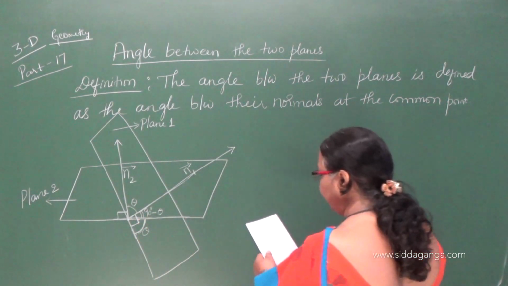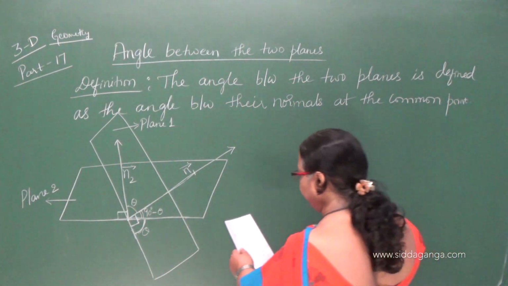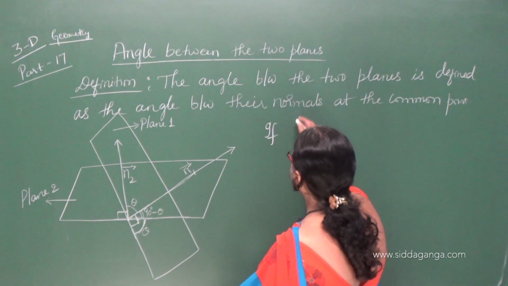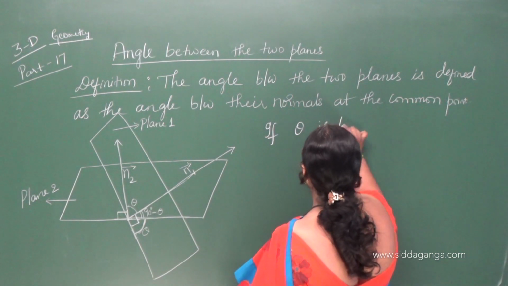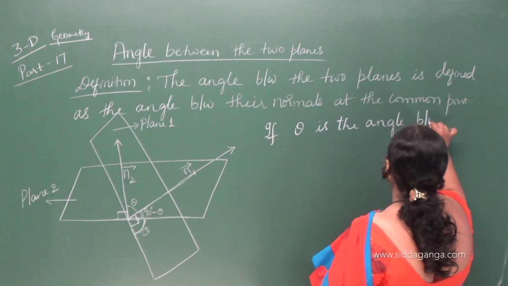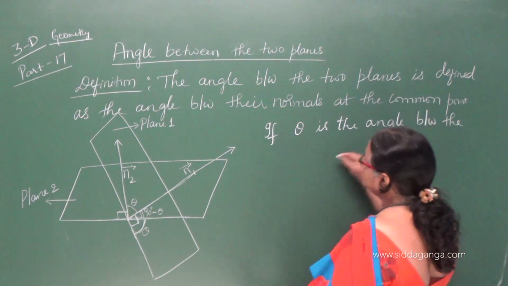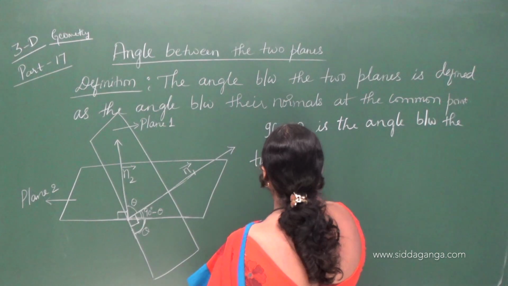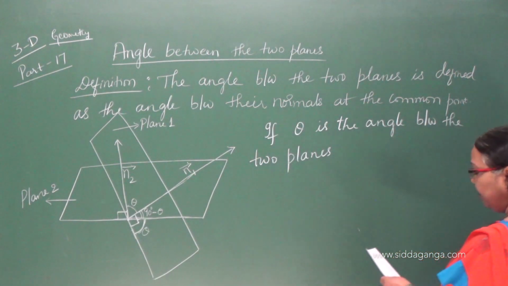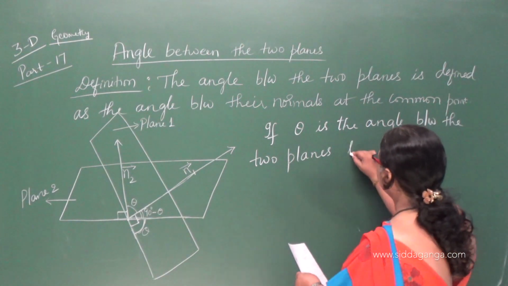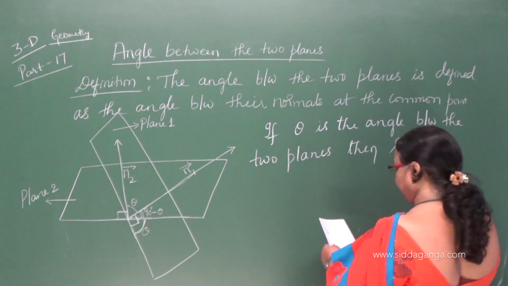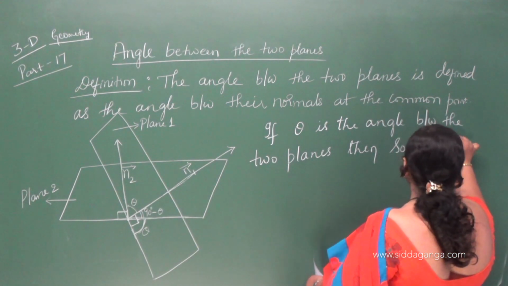So let us write, if theta is the angle between the two planes, then so is 180 degree minus theta.